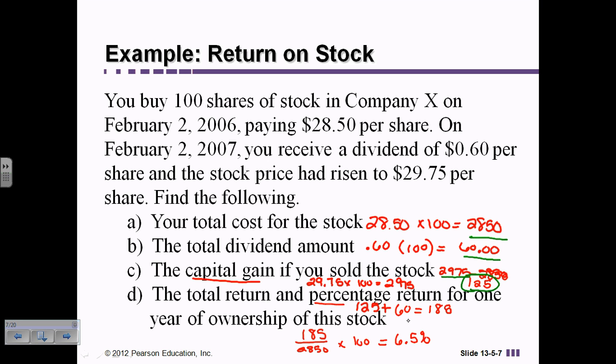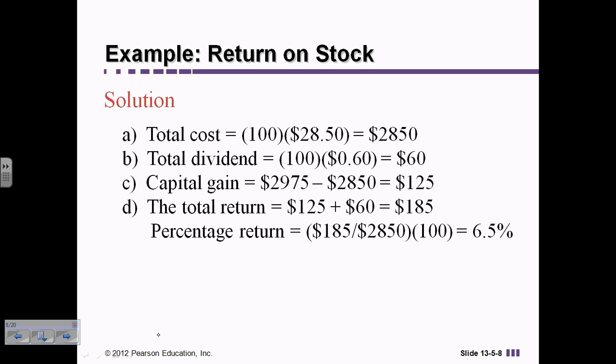But I also got paid a dividend of $60, so that means that I actually will make $185 on my stock. Then they want to know what percentage I got back. It's 185 over the 2850, which is 6.5%. And that's what these calculations are telling you again.